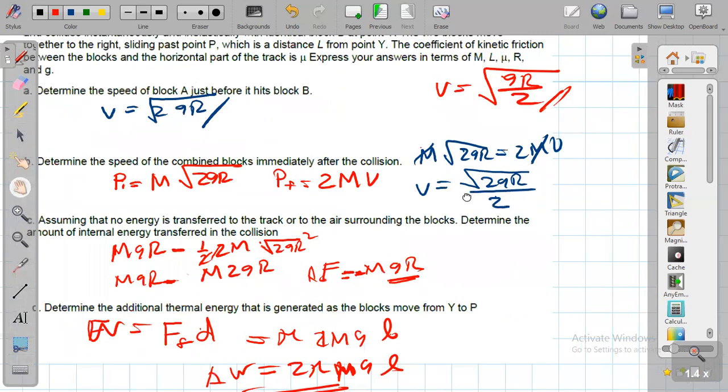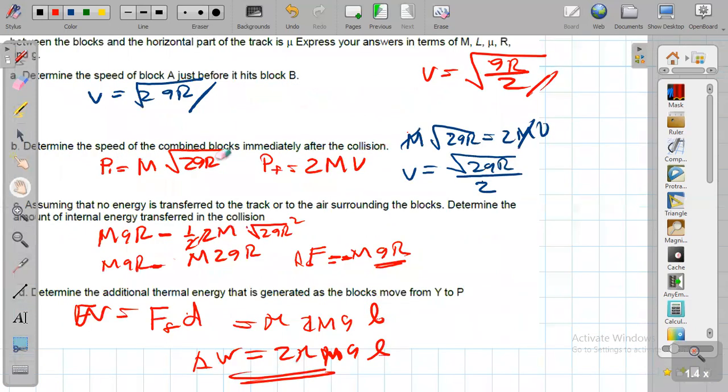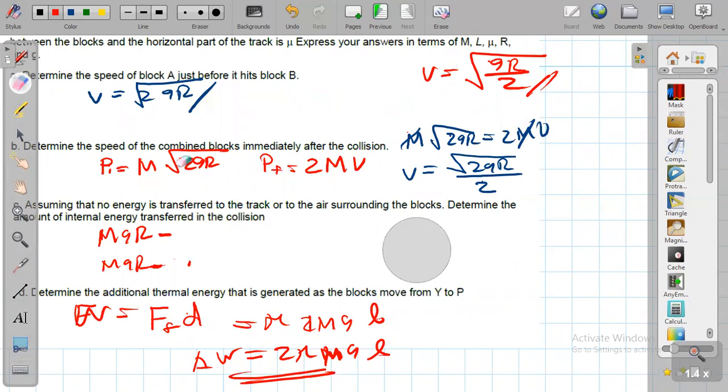Wait. I made a big mistake here. I used the original velocity instead of the combined velocity to calculate this. I made a huge mistake here. Otherwise you would take a slightly wrong answer. Half times 2m times gR over 2 square.